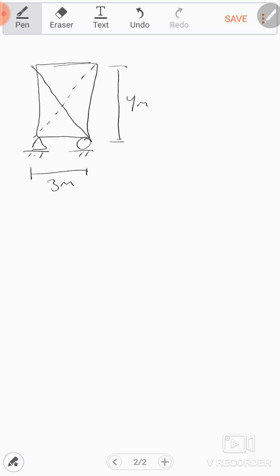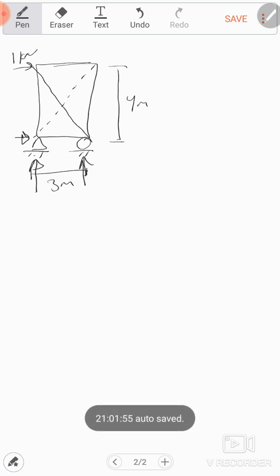Don't forget the hidden line, and this is 1 kilonewton. Okay, and these are the reactions. I'm very sorry, I don't have enough space, so forgive me for this issue. So let's start.